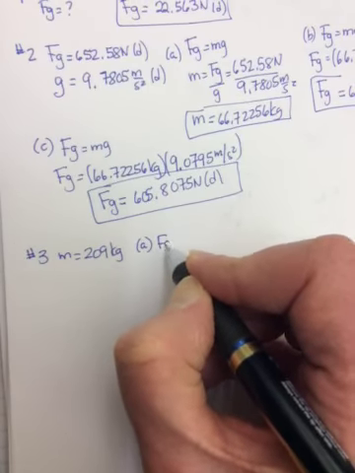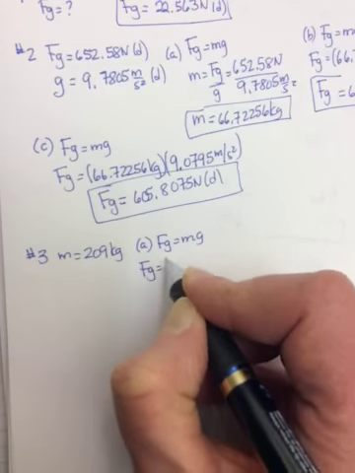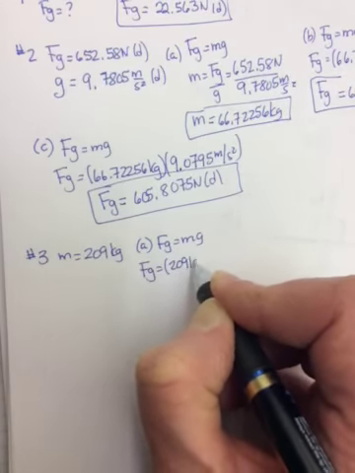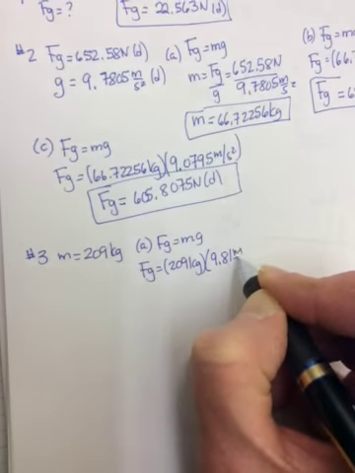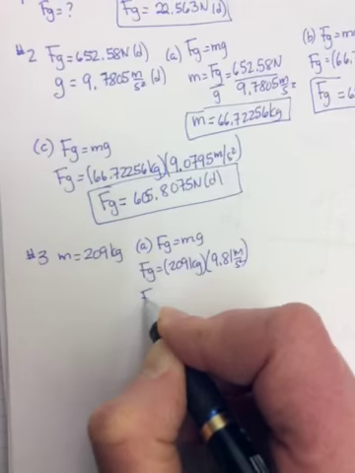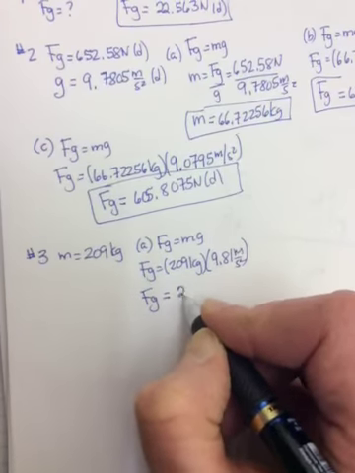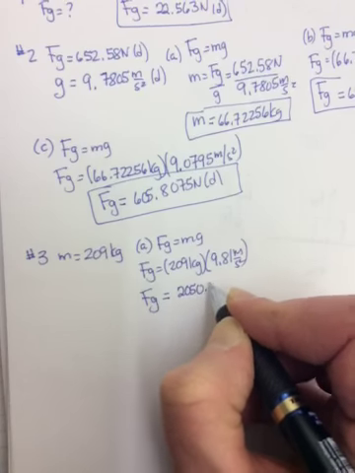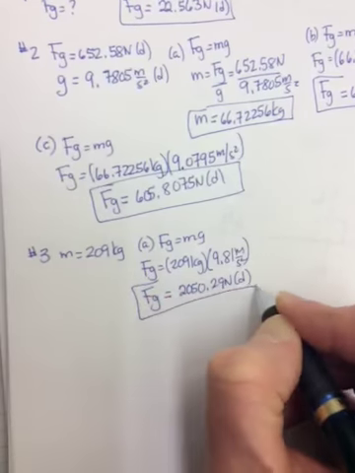So the weight on Earth, Fg is equal to mg. So Fg is equal to 209 kilograms times, doesn't say where on Earth, so we assume 9.81 meters per second squared. And so we get an Fg of 2050.29 newtons. So that's for the Earth.